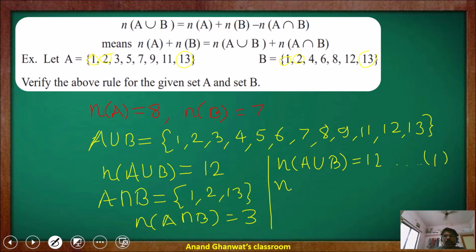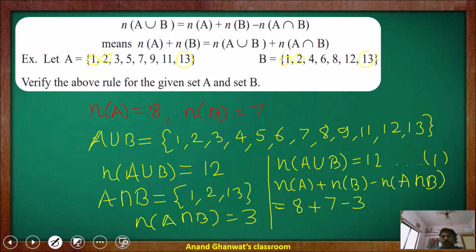Now the number of elements in A plus the number of elements in B minus the number of elements in A intersection B is equal to the number of elements in set A, that is 8, plus the number in set B, that is 7, minus the number in A intersection B, that is 3. So 8 plus 7 is 15, minus 3 is 12.